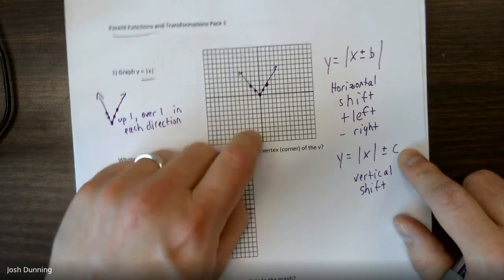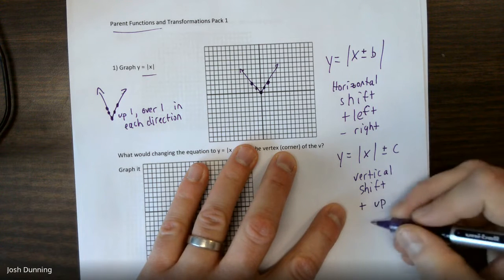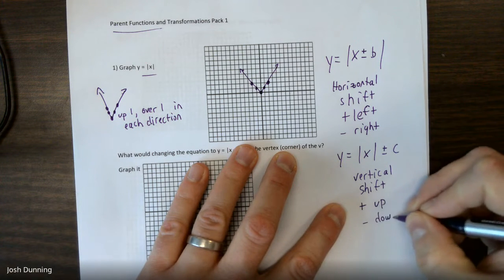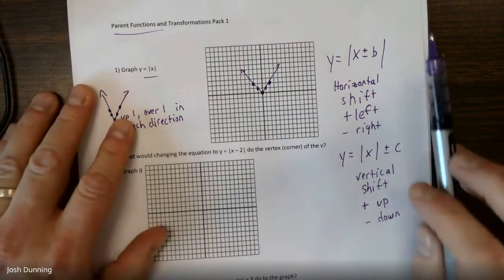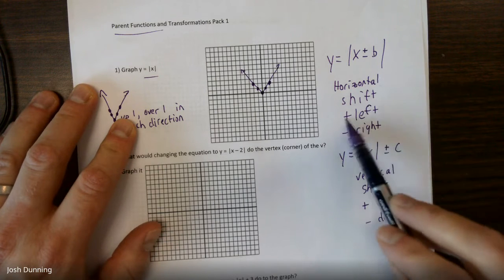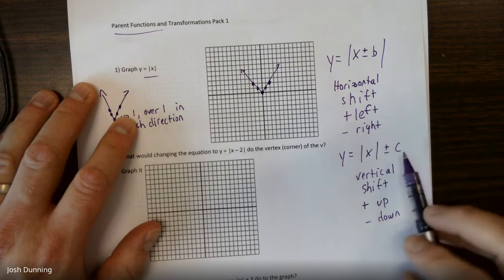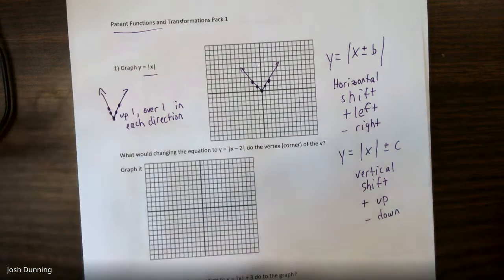If you subtract, it's going to move it down. So this one's normal. Plus is up, minus is down. So what we got so far: inside adding and subtracting a number, horizontal shift, plus is left, minus is right. Outside at the end, adding and subtracting, plus is up, minus is down.